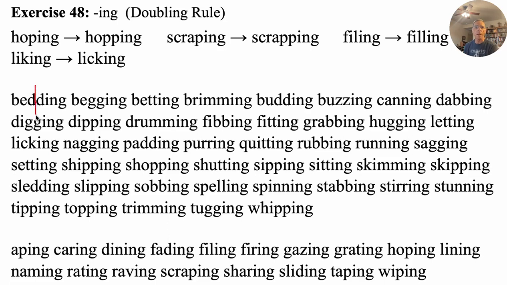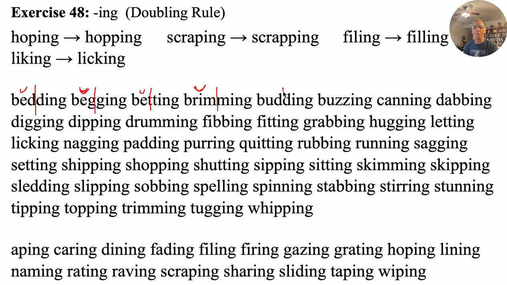The first one is bedding. Notice a double D, bedding. The bedding on the bed. Next is begging. Students are begging for phonics instruction because it's so much fun and helps them learn to read. Betting. I'm betting you're learning to be a better reader. Brimming. He was brimming over with joy at learning to read with phonics.